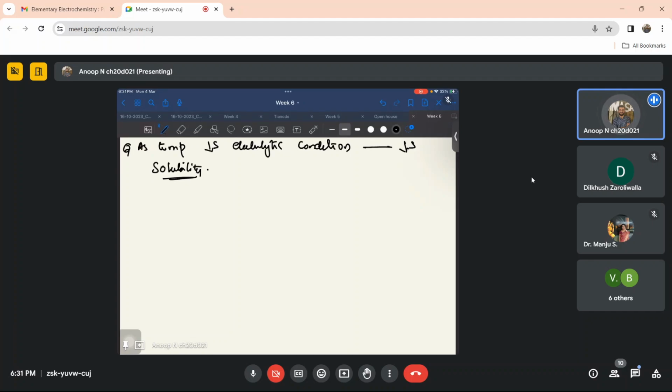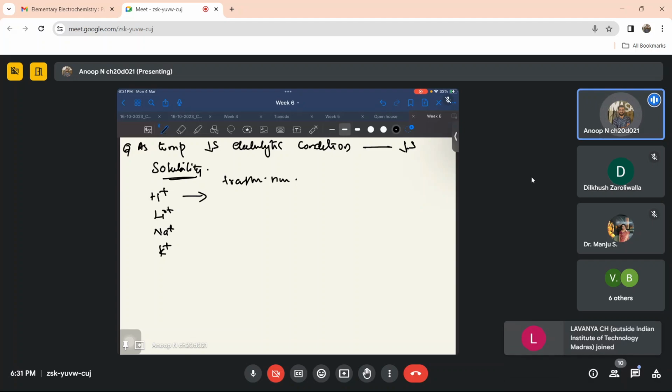So last week there was a point: H plus, Li plus, Na plus, K plus. Then we have the transport number, rather ionic mobility or transport number. The highest is for H plus, then from Li plus to Na plus there was an increase.